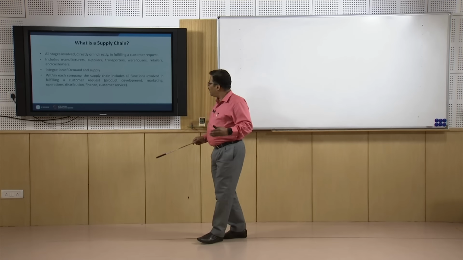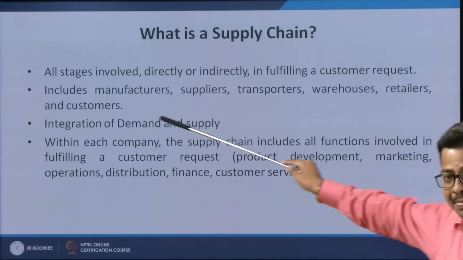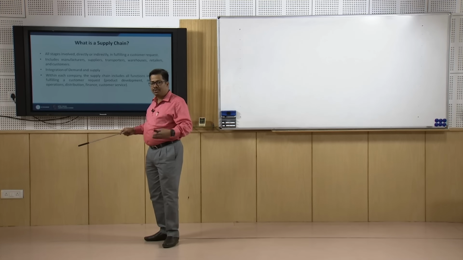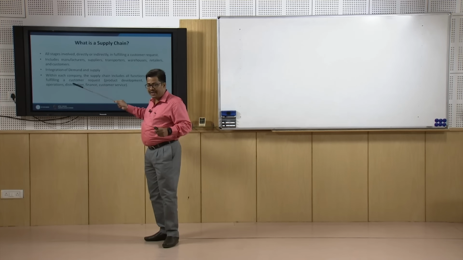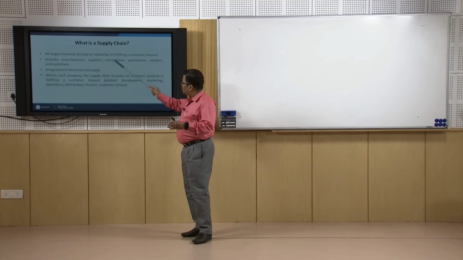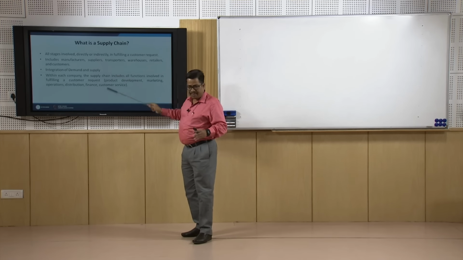Many a time we feel that up to the retailer is our supply chain and the customer is not part of supply chain, but now onwards, once we are going through this formal course, please remember that the customer is always a very integral part of supply chain. The role of supply chain is integration of demand and supply. This is very important.